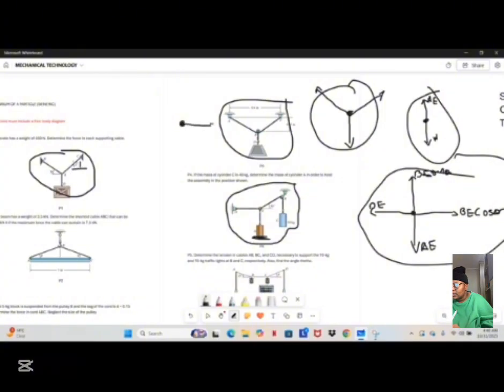C of X, C of Y, A of Y. Make sure that your vertical components are equal. The lines are equal. Don't mind mine, it's because I'm not using a ruler. A, X, and then this is BD.